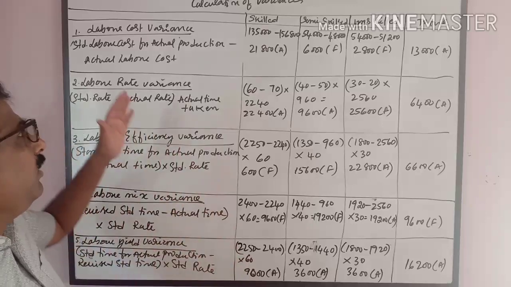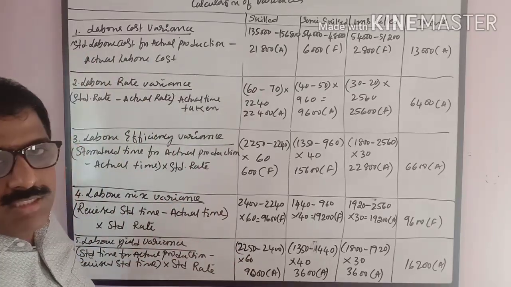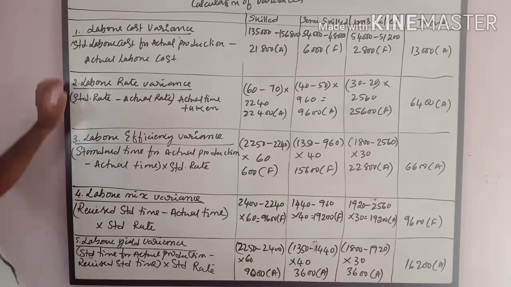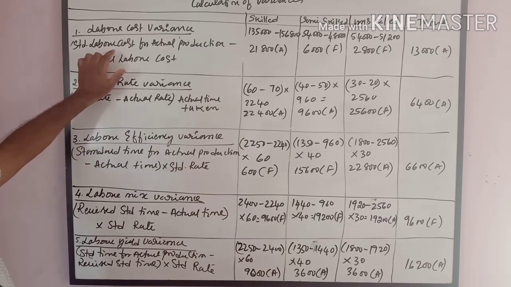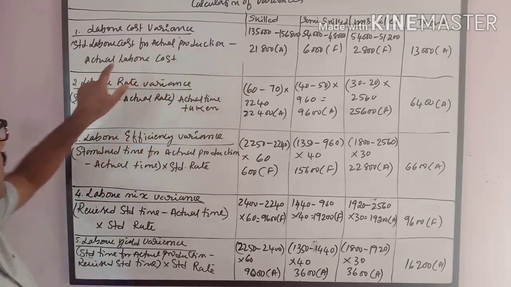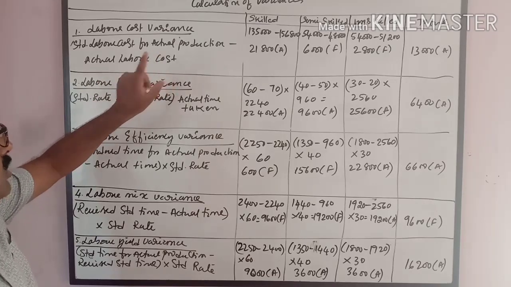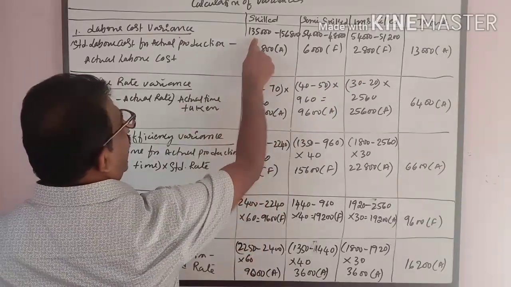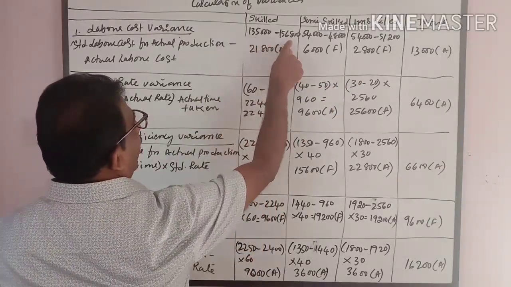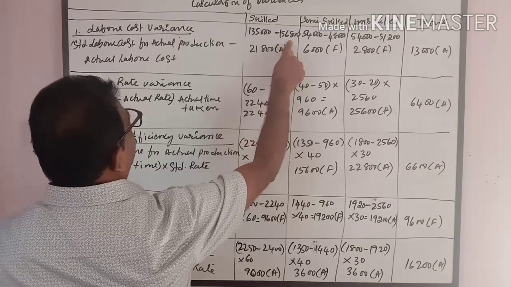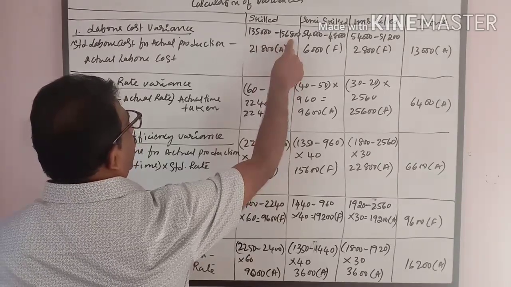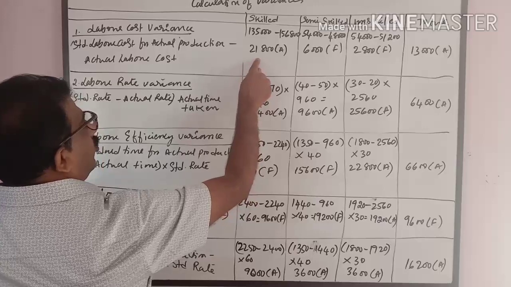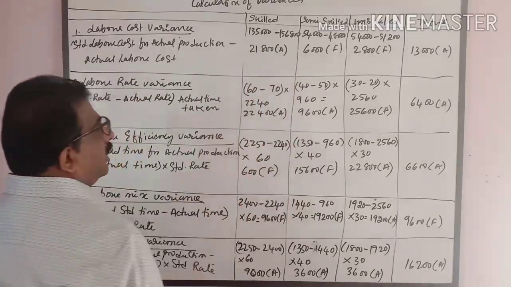Now look at the various labor variances. The first one is the labor cost variance. The formula is standard labor cost for actual production minus actual labor cost, both of which we already calculated in the input table. 1,35,000 minus 1,56,800 gives 21,800, which is adverse.